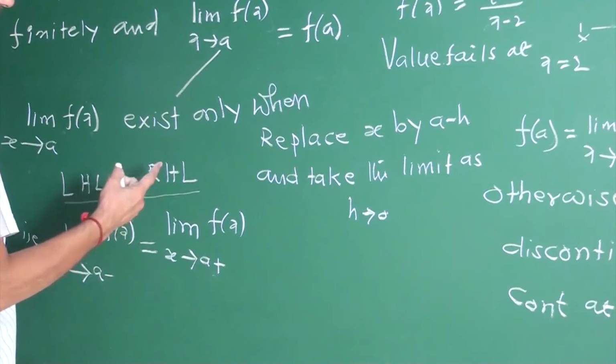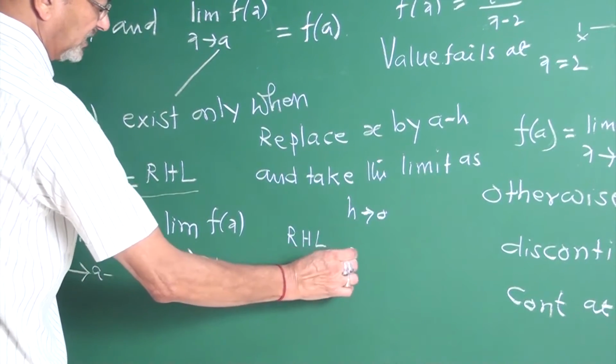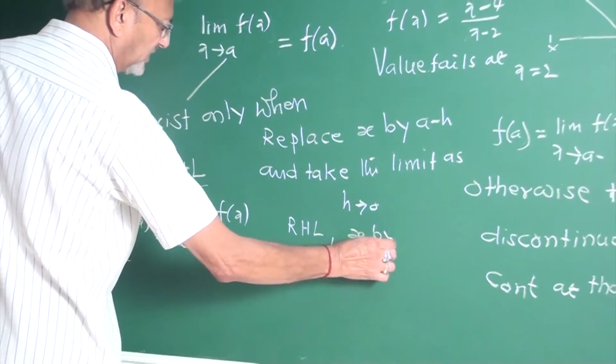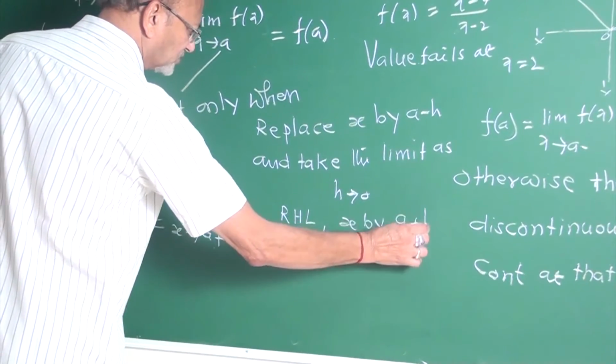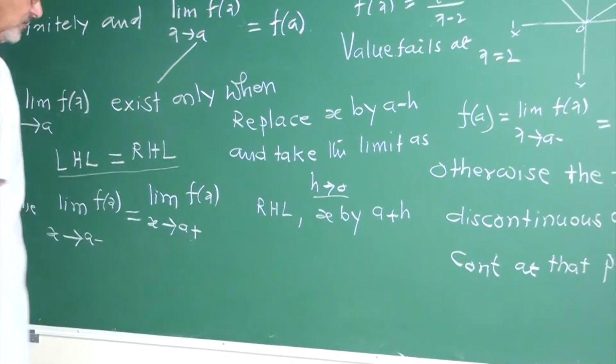And to find RHL, replace x by A plus h and take the limit as h tends to 0.